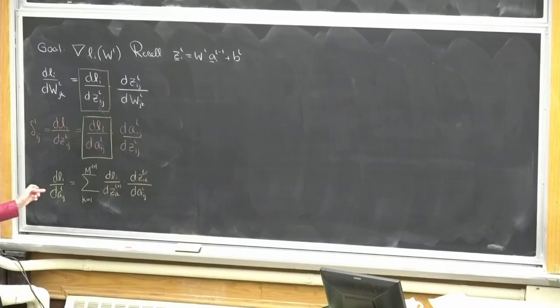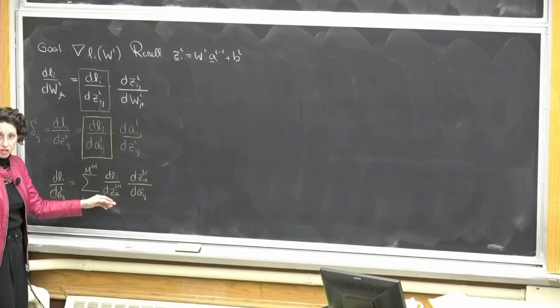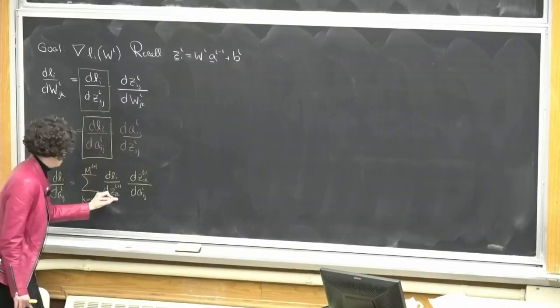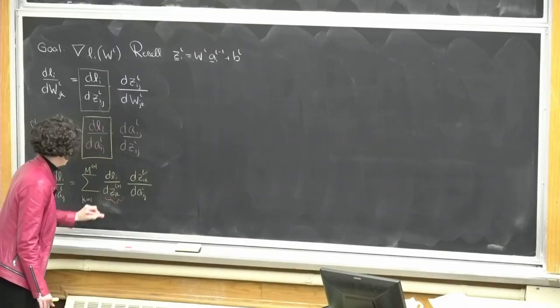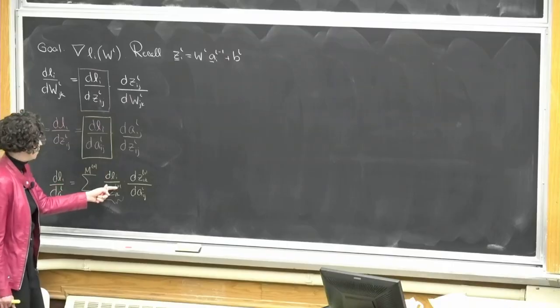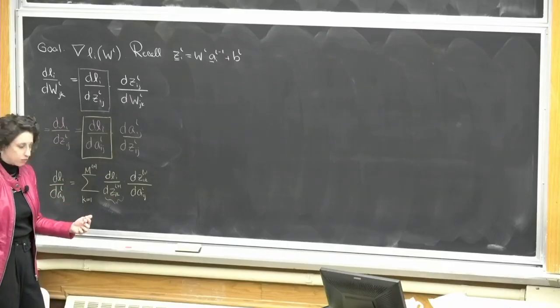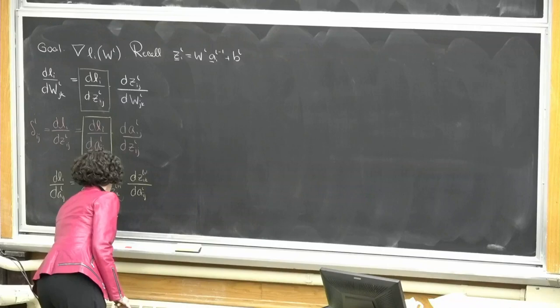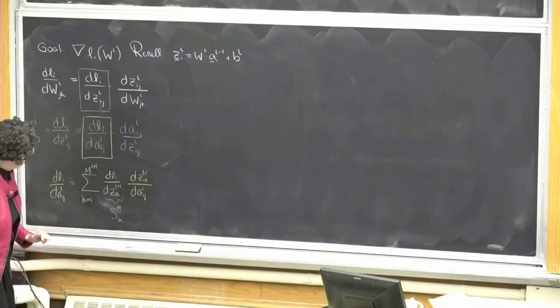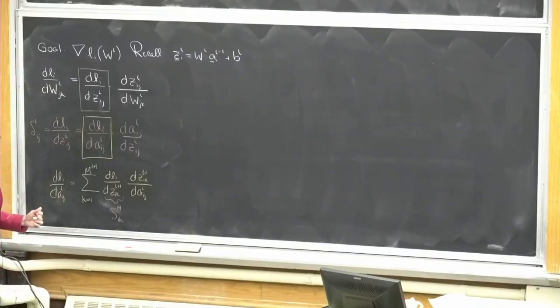And now, as we look at our new expression here, we see that we've got a very similar term. Here we are looking at the derivative of L_i with respect to one of the z's at the next layer. So we can put in here delta^(L+1)_ik. So this is going to help us simplify things quite a bit.